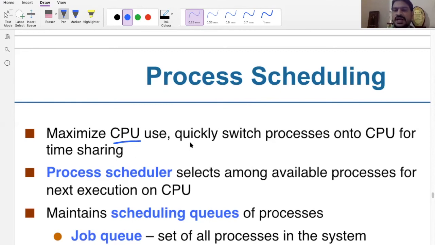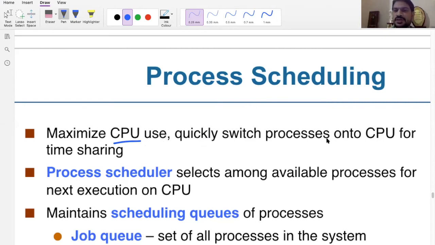We have to utilize the CPU as much as possible. If we have a good CPU with very good power and we are not utilizing it, it is of no use. So to maximize CPU utilization, we do this type of scheduling.